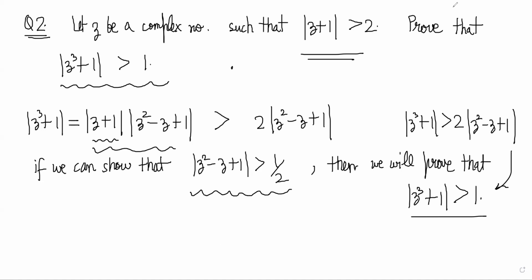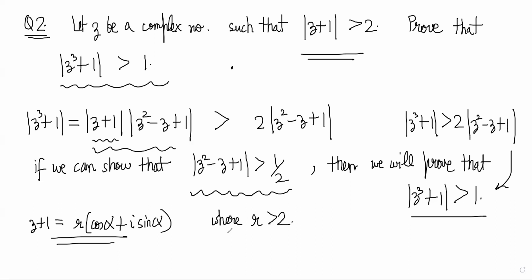Now, how do I do that? What I can say is, let's take the Euler form or polar form of a complex number and say z plus 1 is r times cos alpha plus i sin alpha, where r is greater than 2, because the question has said that mod of z plus 1 is greater than 2, right?